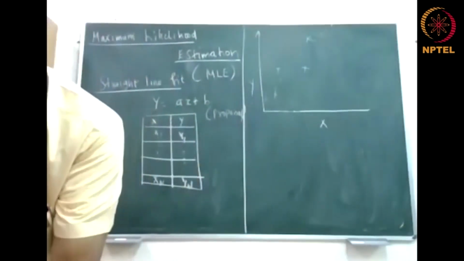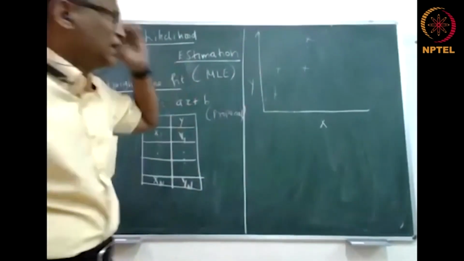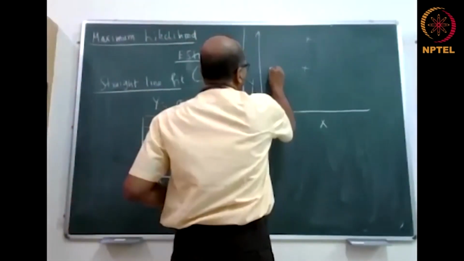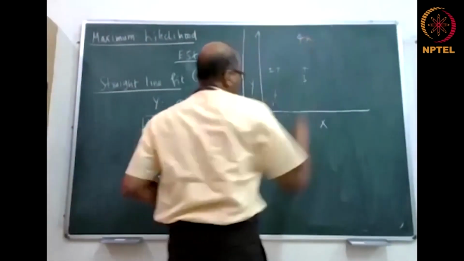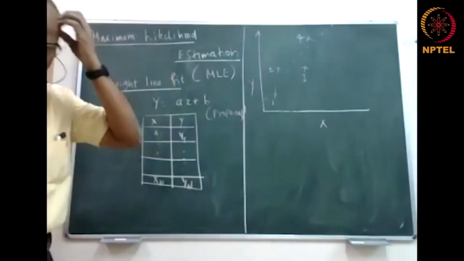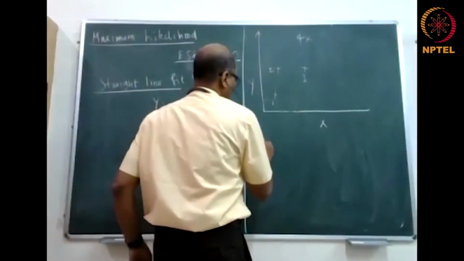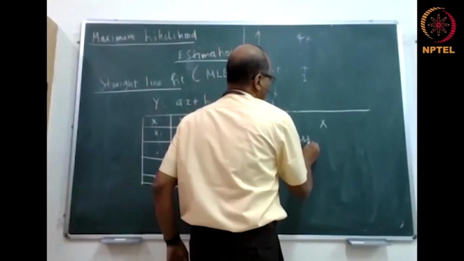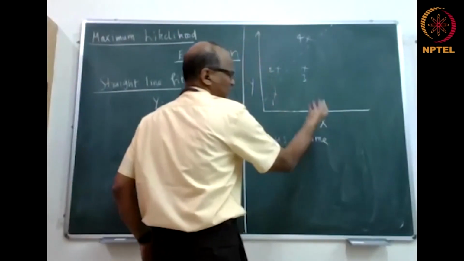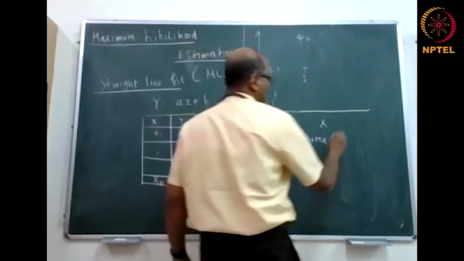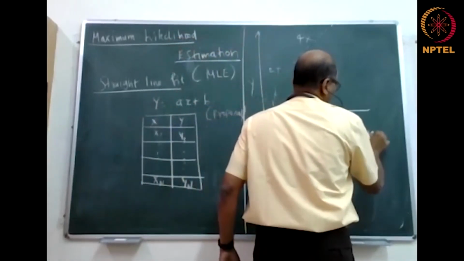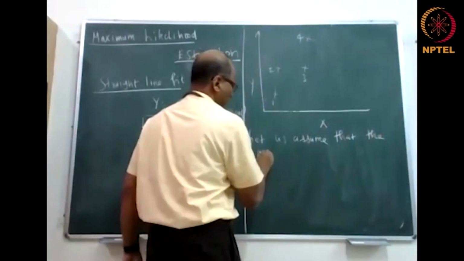Now, what I'm saying is, let us assume, so this is 1, 2, 3, and 4. Let us assume that the measurement errors, where x is the location and y is the temperature, are normally distributed, which is fine.